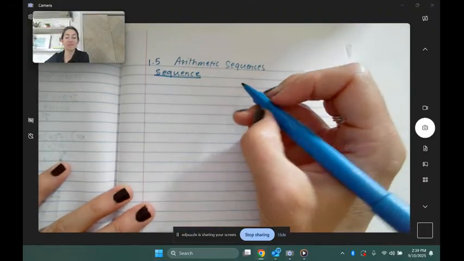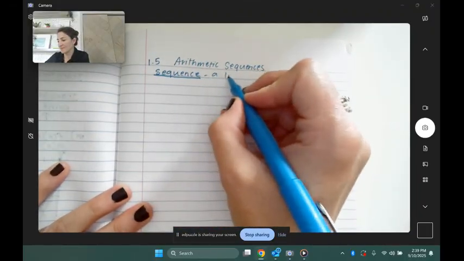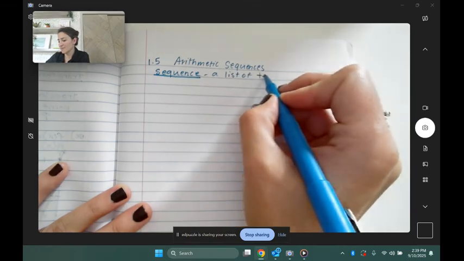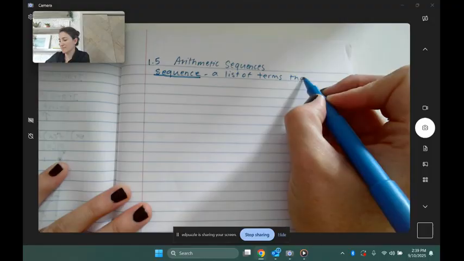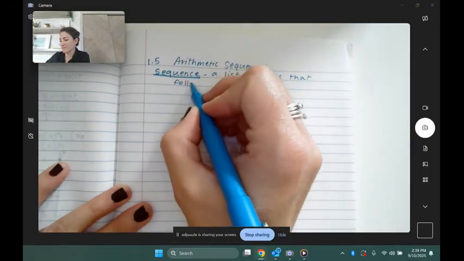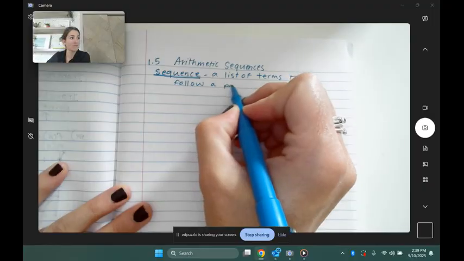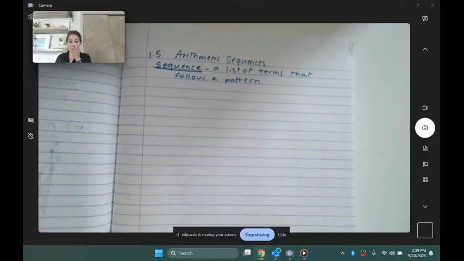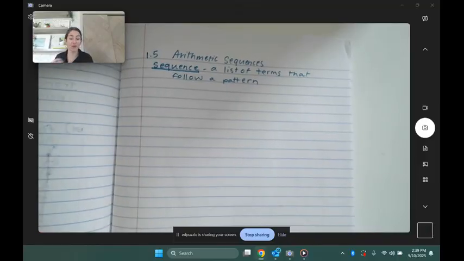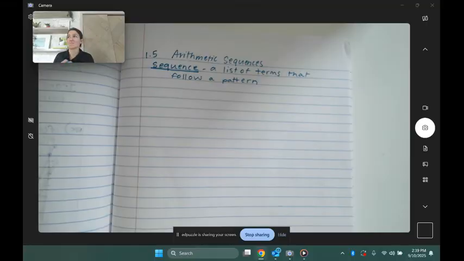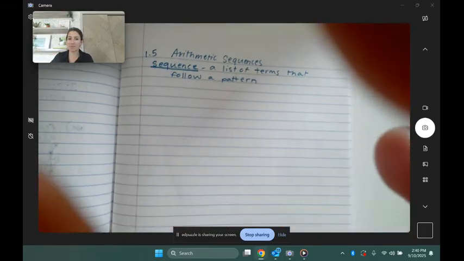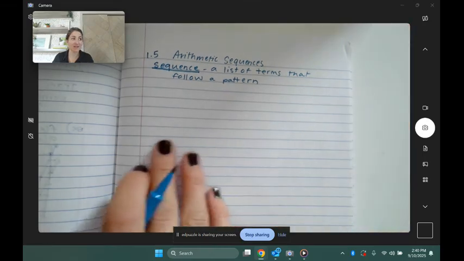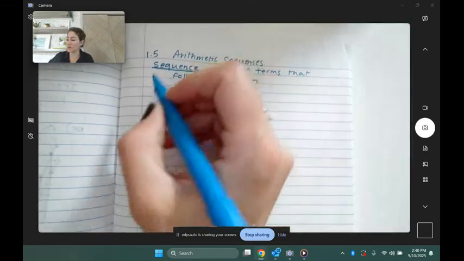It's a list of terms that follow a pattern, and that pattern can be multiplying by 4 each time, adding 4 each time, dividing by 4 each time, subtracting 4 each time. The pattern is defined.